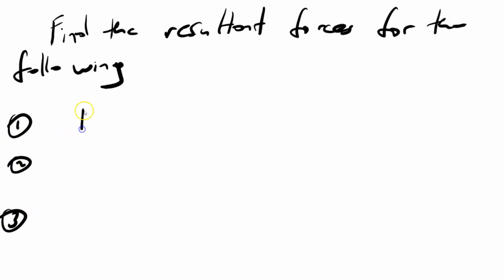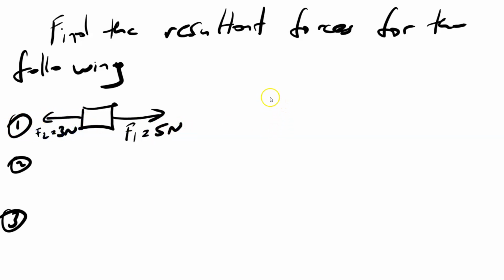Let's make example 1 easy. So let's call this F1 equal 5 newtons and F2 equal to 3 newtons. My resultant would be, let's put this negative 3 here, F1 plus F2, and we'll have 5 plus minus 3, which is equal to 2 newtons.